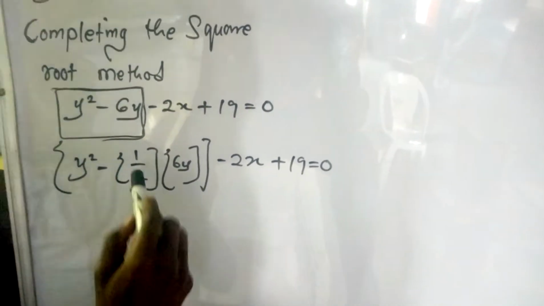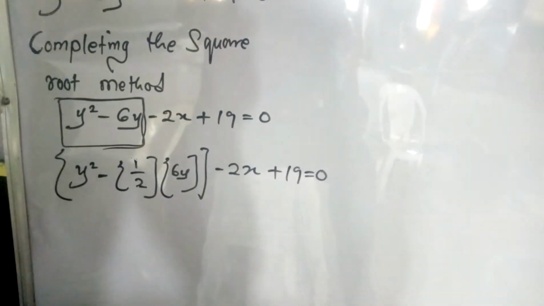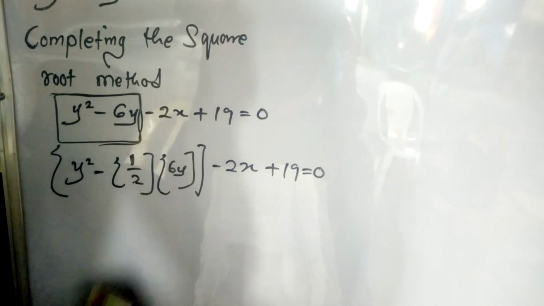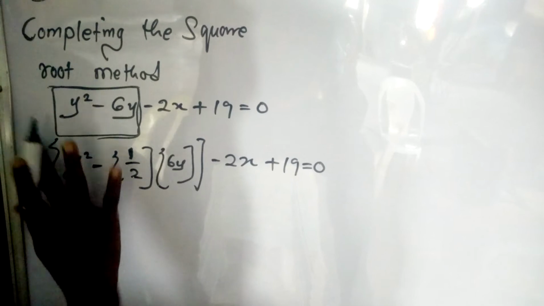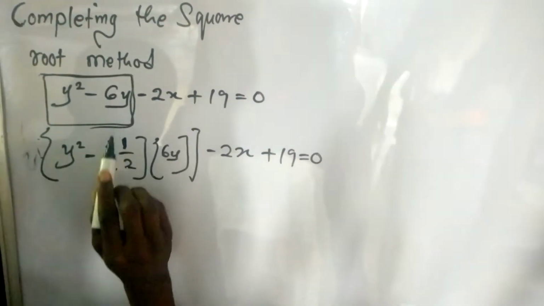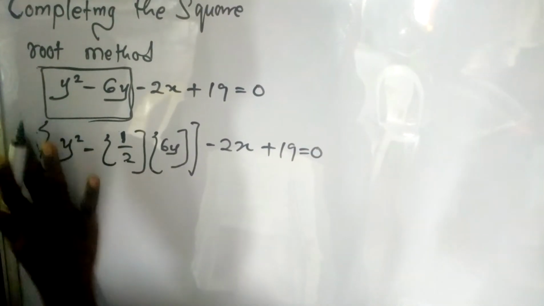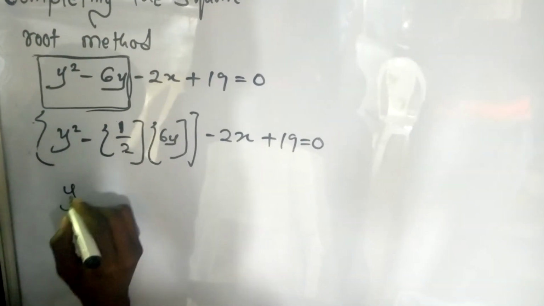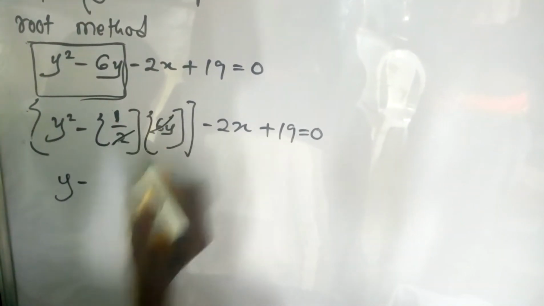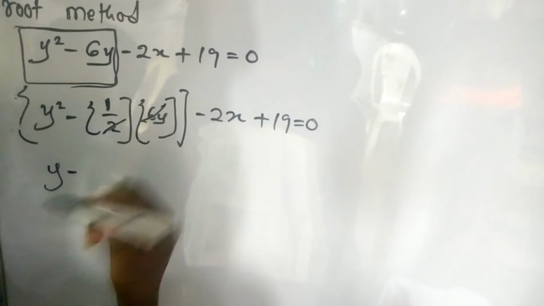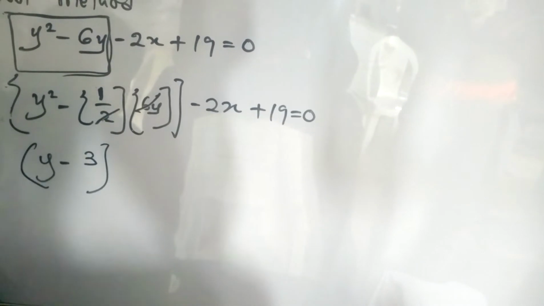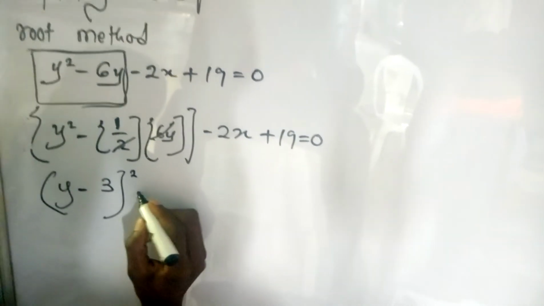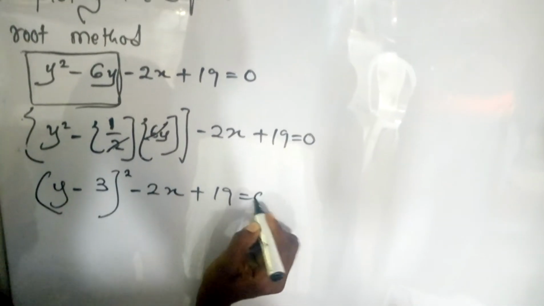The reason why I put 1 over 2 in the completing the square method is that your half will divide your 6y. Then you are going to have y minus, cancel this, then you are going to have 3 close bracket raised to power 2, minus 2x plus 19 equals 0.